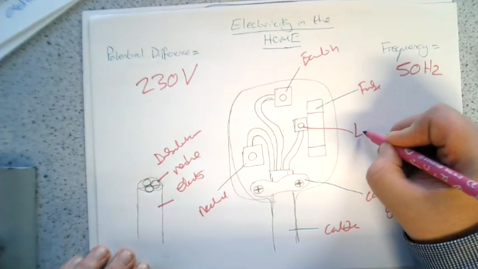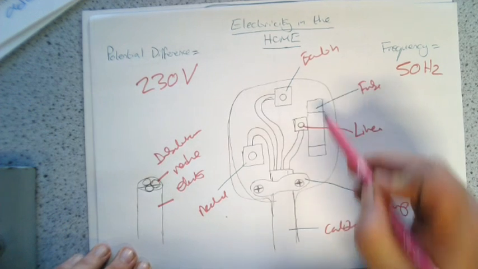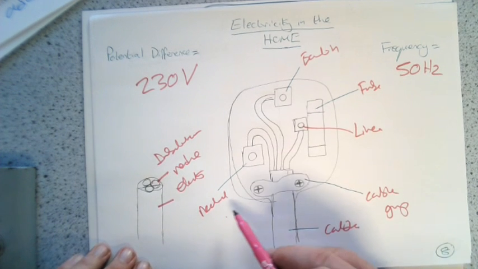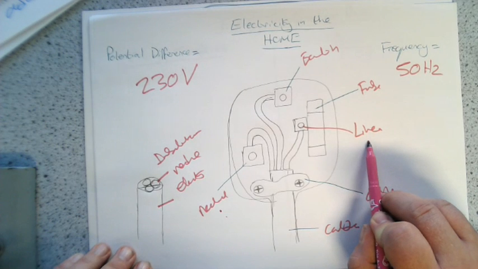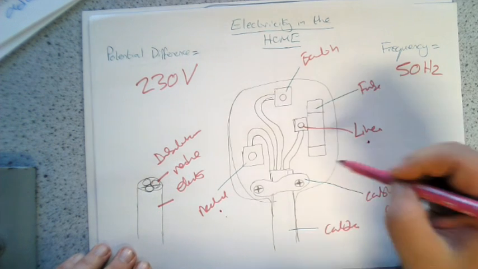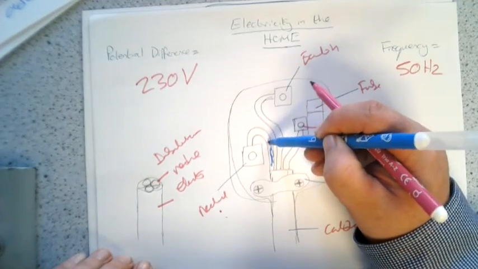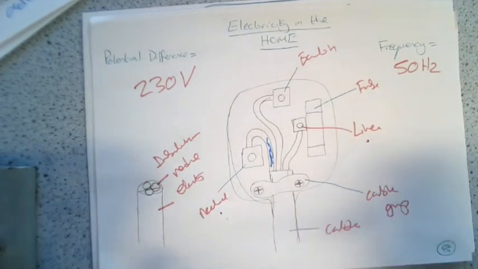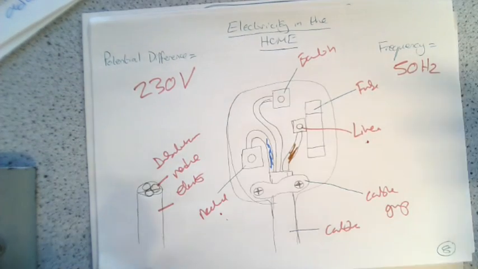This would be our live, okay? Now remember that the fuse only comes into operation when there's a difference between the neutral and the current in the live cable. Let's remember the colors, blue, brown, and then green and yellow up the middle, okay?